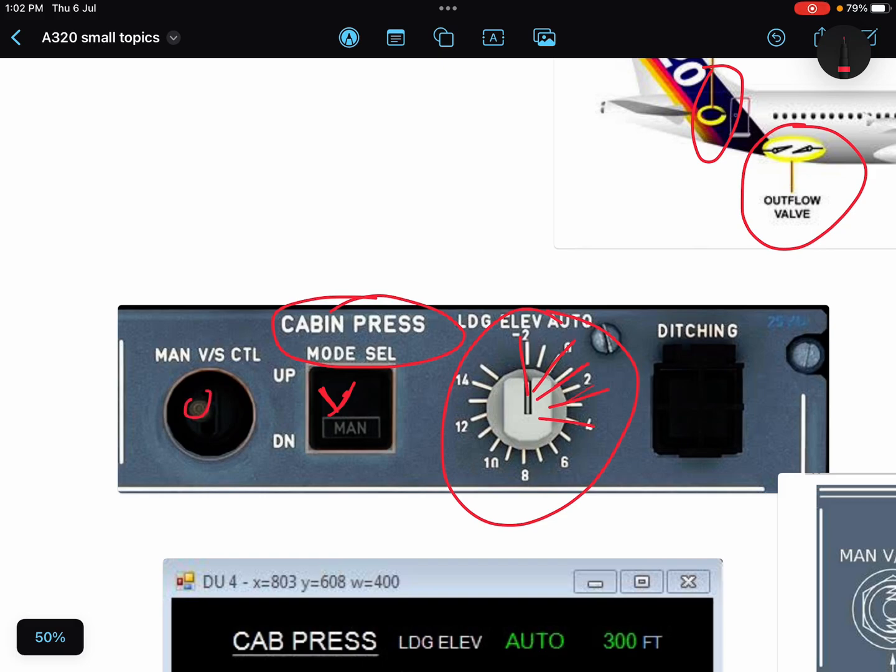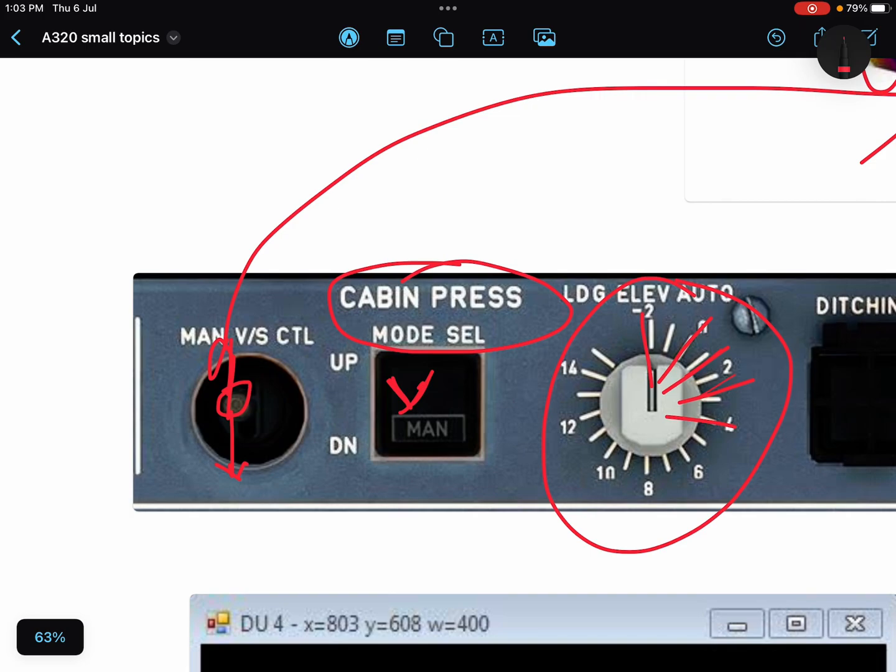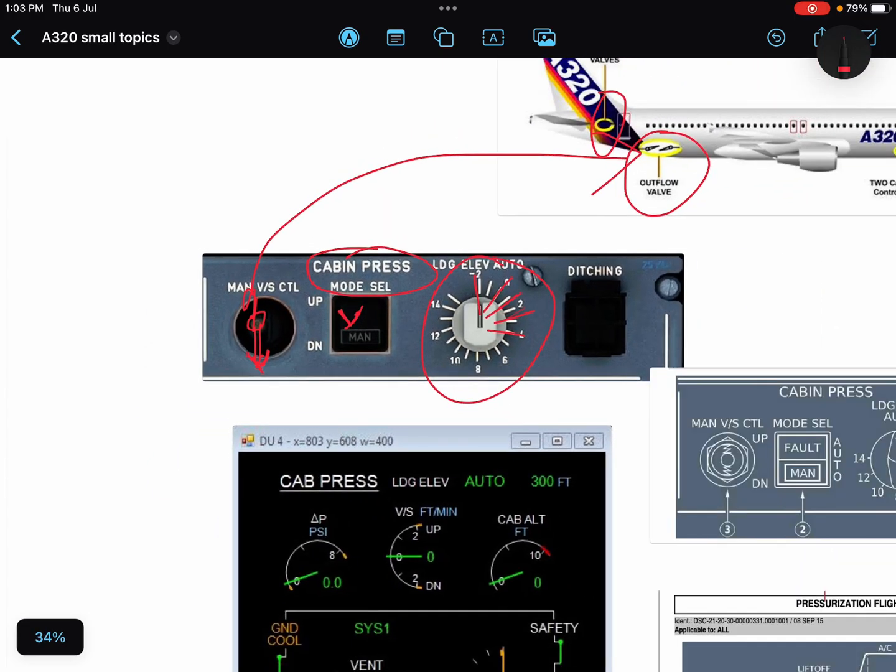Then you pull up or pull down this toggle to open or close your outflow valve directly, right? Keeping it up will increase the cabin altitude, and pulling it down will reduce the cabin altitude. This is how this system works in manual control.